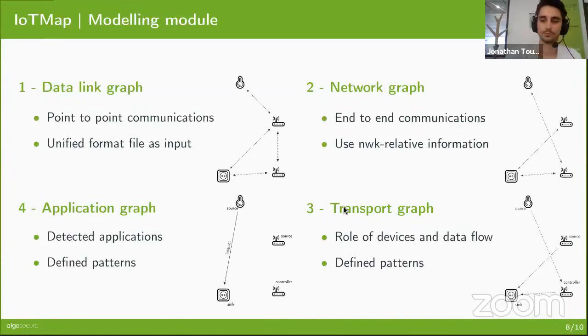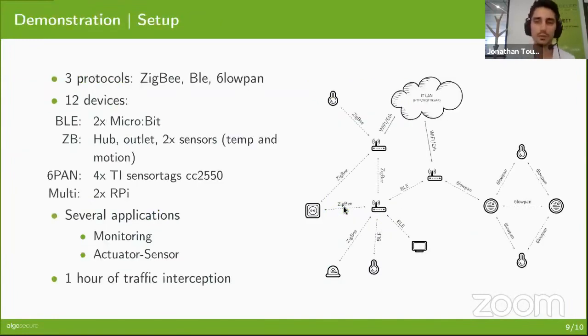Before doing a small demonstration, I will present the setup I use for the demonstrations. We deploy a physical testbed with 3 different protocols: the ZigBee protocol, the BLE protocol, and the 6LoWPAN protocol.